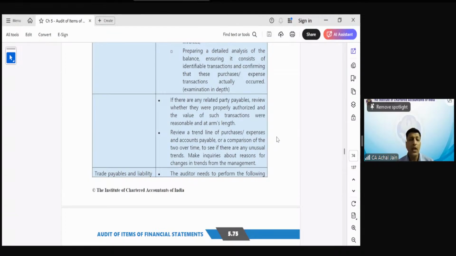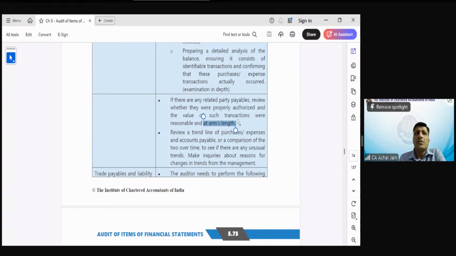Because when it comes to a transaction with a related party, what is the risk? The risk is whether the transaction was at arm's length or not. That is something which needs to be evaluated. And of course, when it comes to transactions with related parties, they will require some sort of pre-approval.